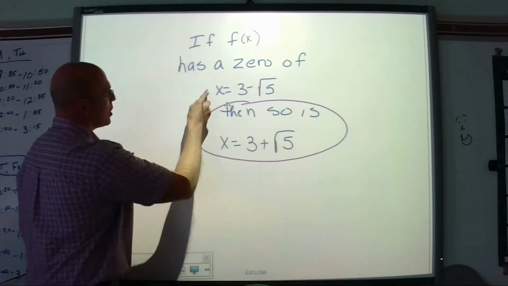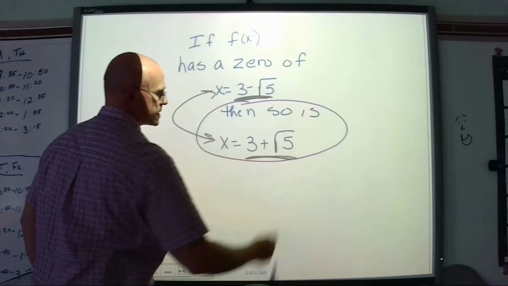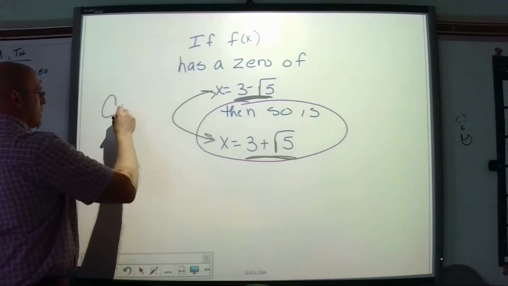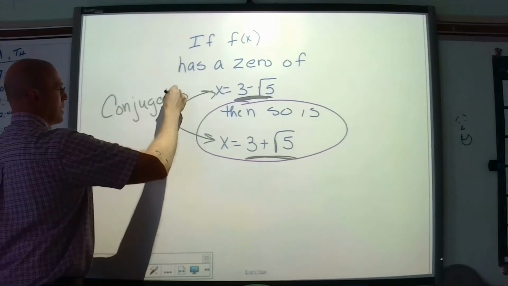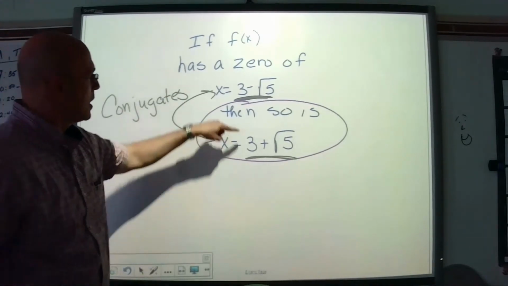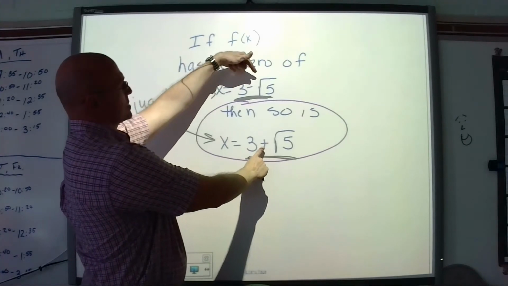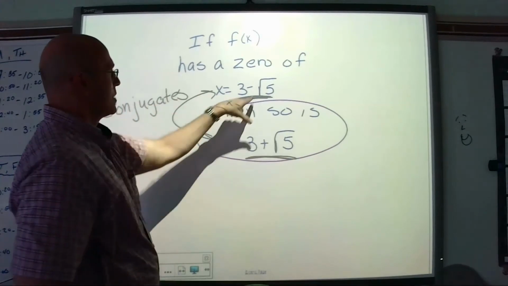Now, what do we call those two numbers, this and this? Who remembers? Those are referred to as conjugates. Remember, the first term has the same sign. The second terms are inverses of each other, the opposites. Okay? Those are called conjugates.